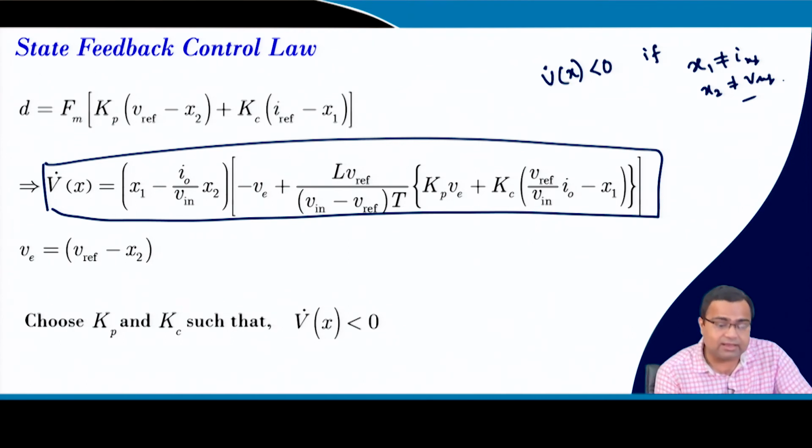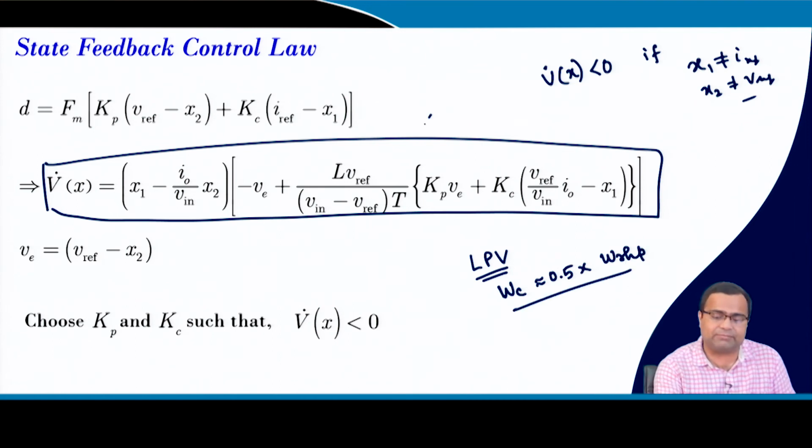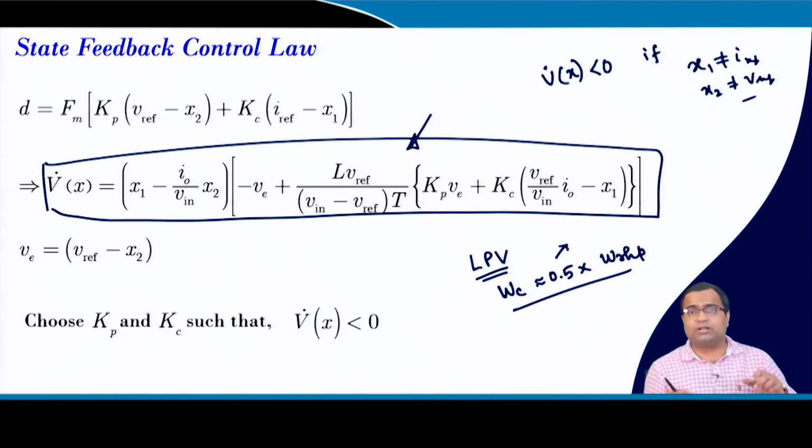And we will see, when you design state feedback control, we have a constraint in the linear LPV model, where we have considered the K factor, that means the crossover frequency, we choose at maximum about 0.5 times your RHP zero. But if we go for large signal based control in state feedback, we can even increase slightly above, so that we can ensure the large signal stability.